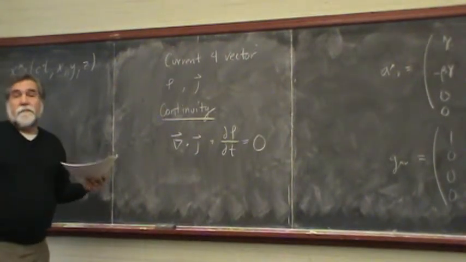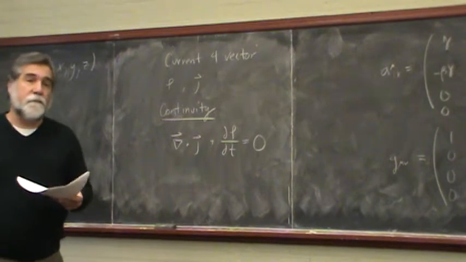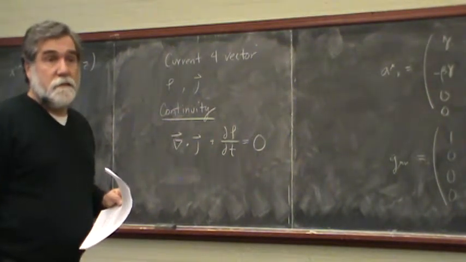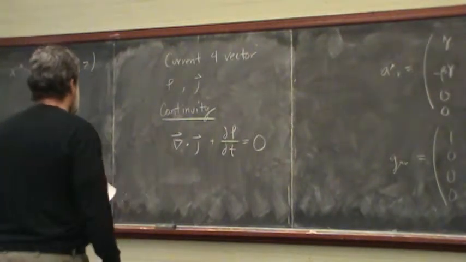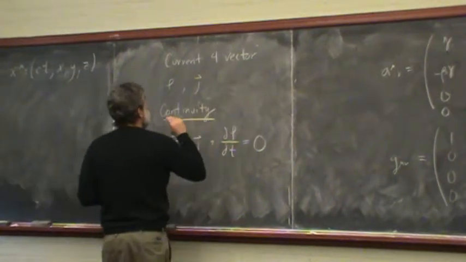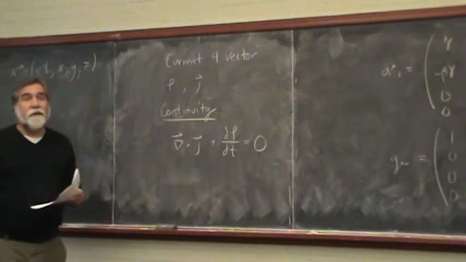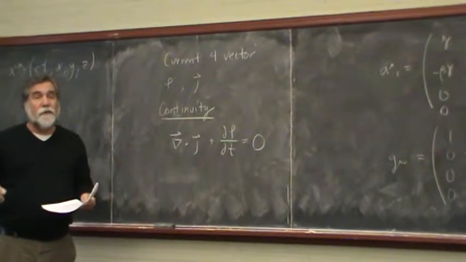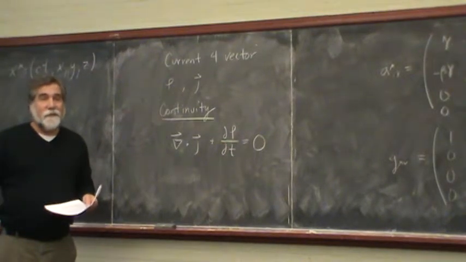Is that J a current or a current density? Current density. Thank you. What we're talking about here is a charge density and current density 4-vector. It's called the current 4-vector, but it's current and charge density.